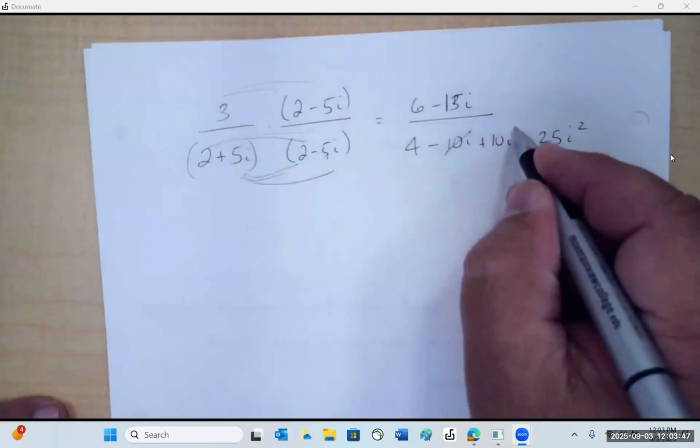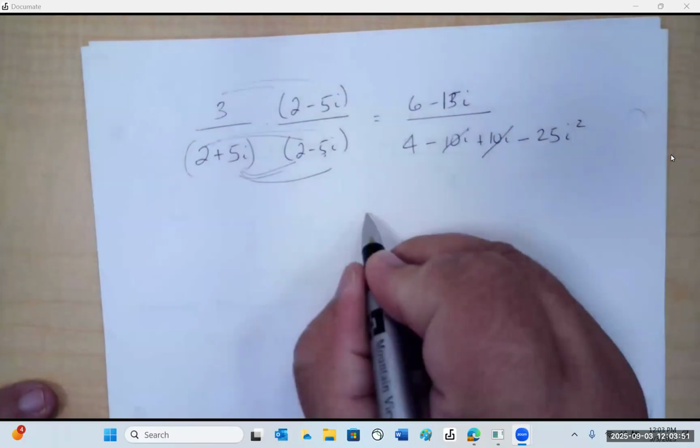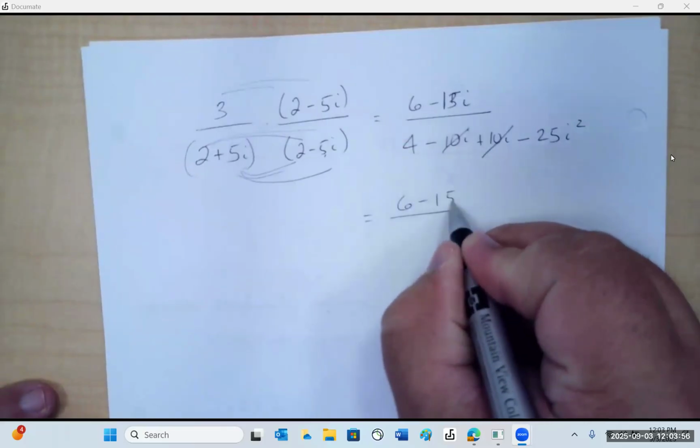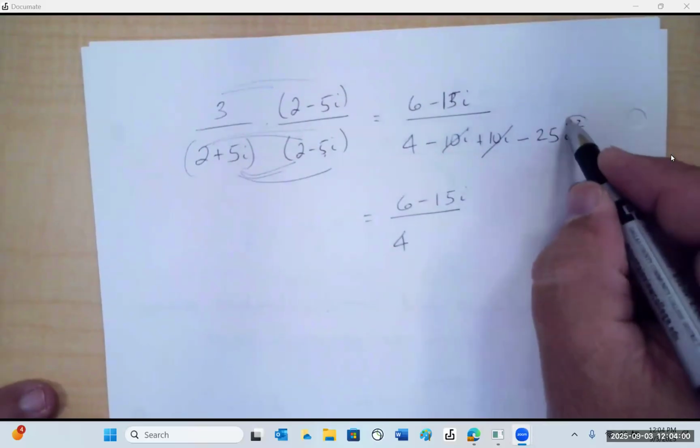The middle terms cancel, which is why we have a difference of squares. 6 minus 15i. The i squared becomes what?